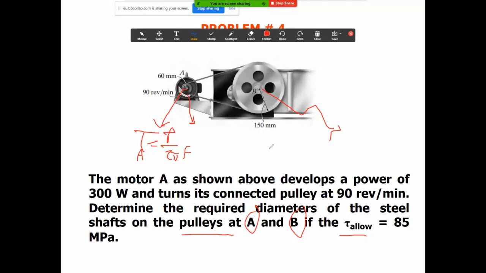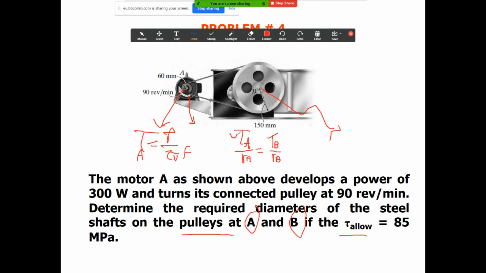the opposite. So the torque in the small pulley divided by the radius of the small pulley is equal to the torque in the bigger pulley divided by the radius of the bigger pulley.